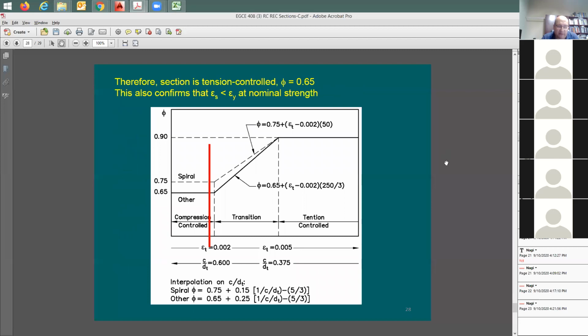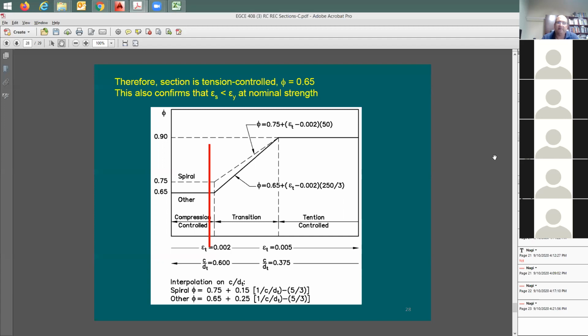Now here's something new that I learned. Adding lots of reinforcing is going to reduce the phi factor. I was not ready for this. I thought that I'm going to start here with 3 number 8, I'm going to be adding 10 number 8, and everything is going to be good.